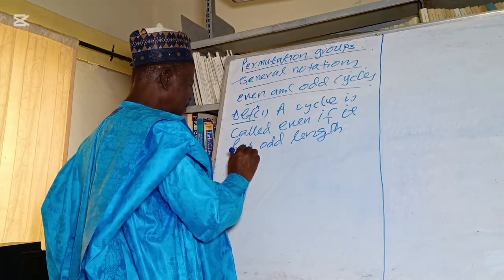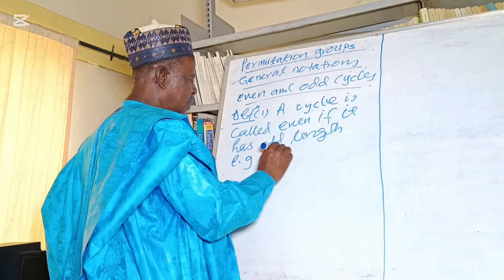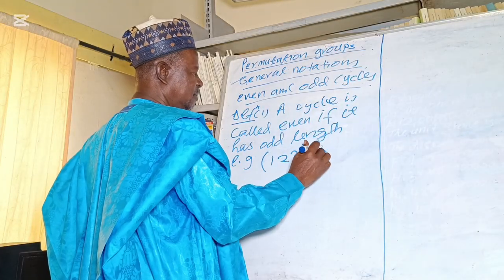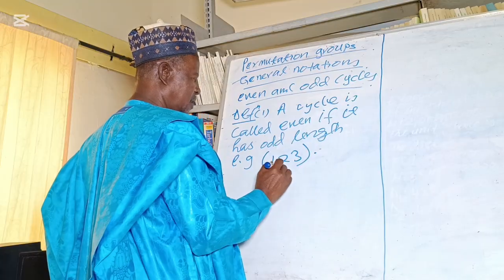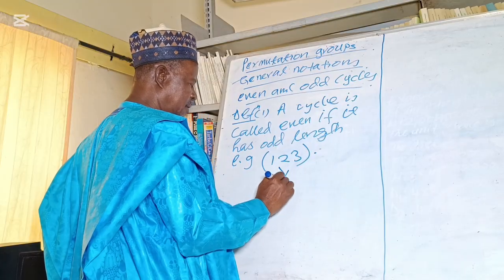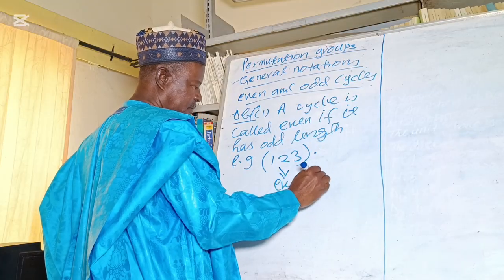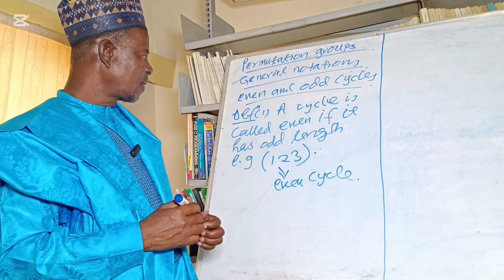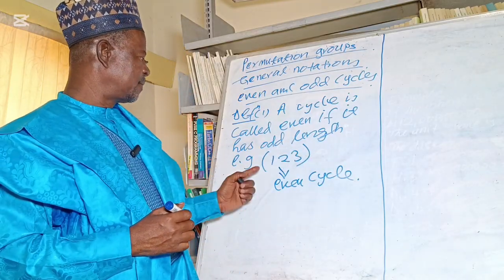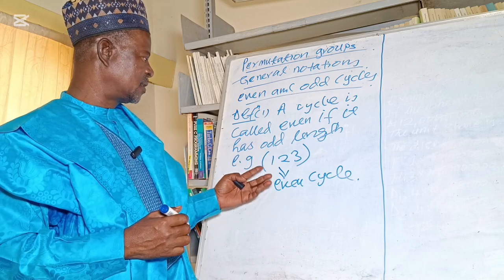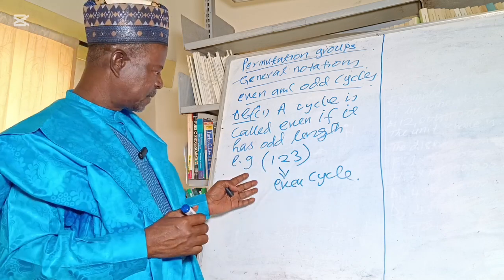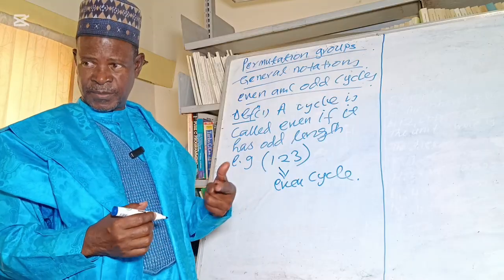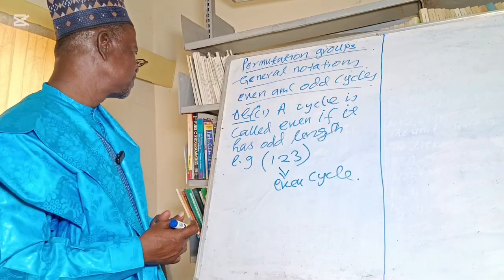Example, if I give you a cycle (1, 2, 3), this is an example of an even cycle. Another definition for an even cycle is that a cycle is even if it can be expressed as a product of an even number of transpositions, and we know what a transposition is.